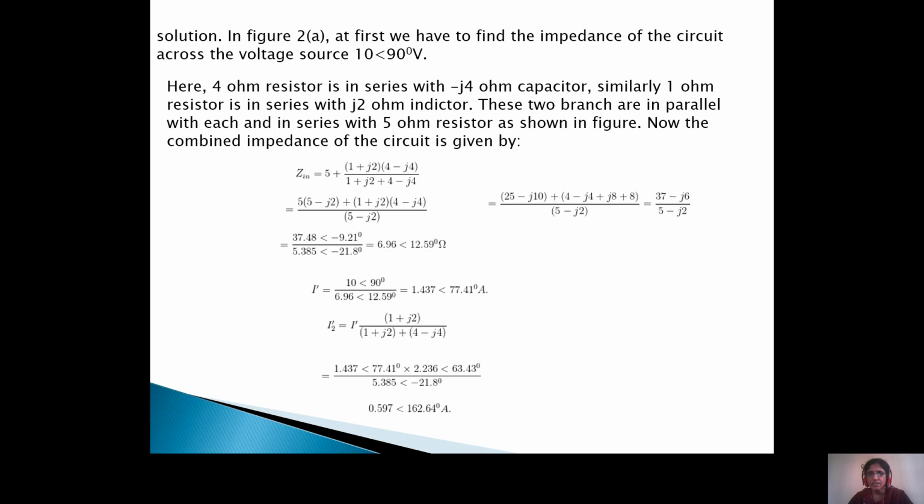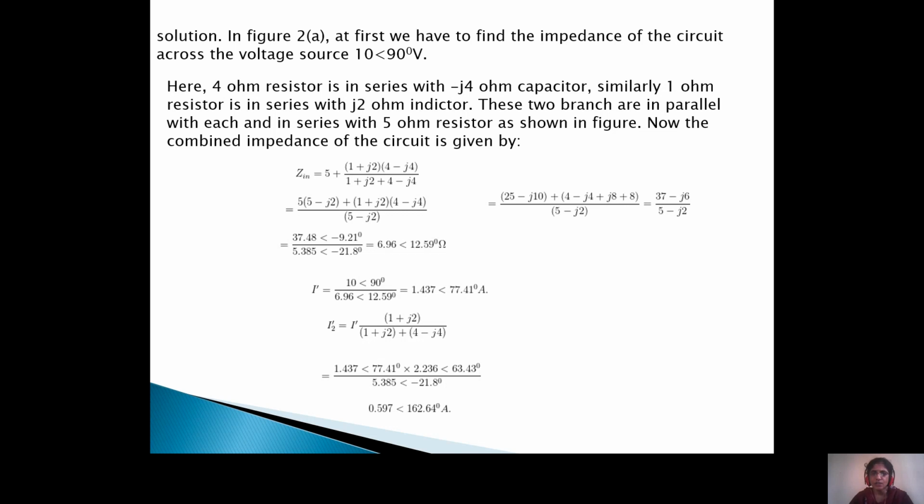Total impedance Z equals 5 plus (1 plus J2) into (4 minus J4), because the inductive nature and the capacitive nature are in parallel. Parallel means the product of the impedances by the sum of the impedances. So (1 plus J2) into (4 minus J4) by (1 plus J2) plus (4 minus J4).